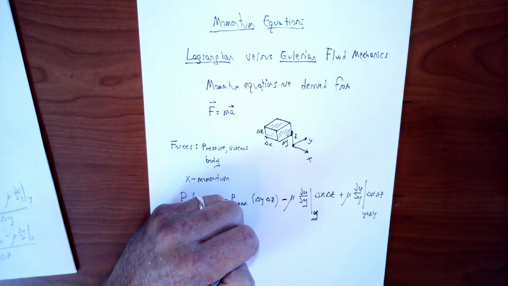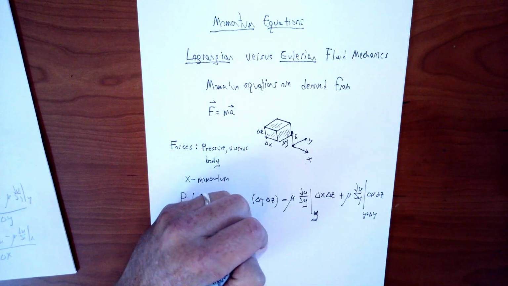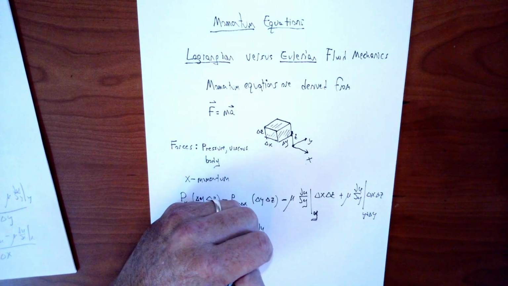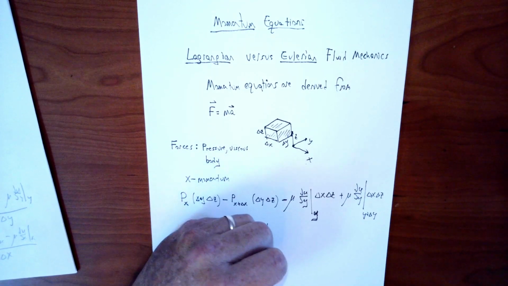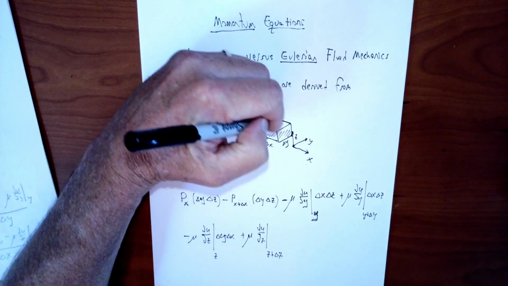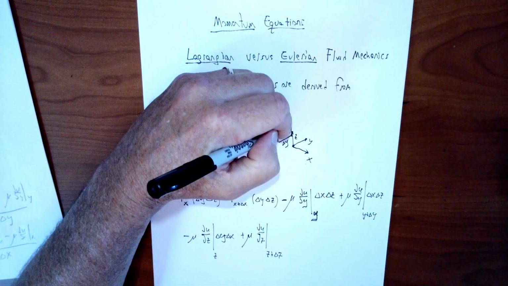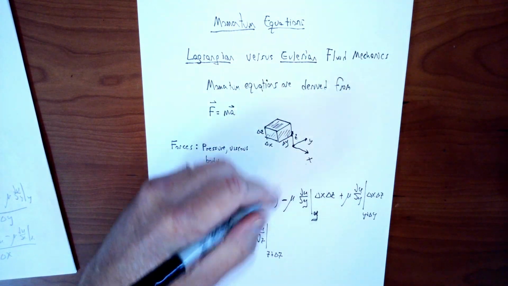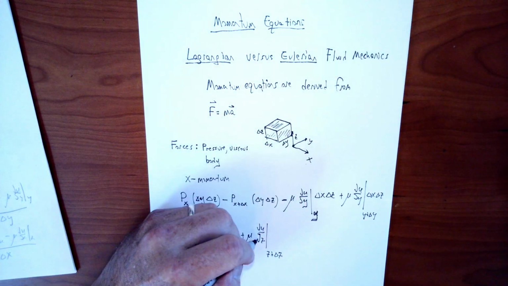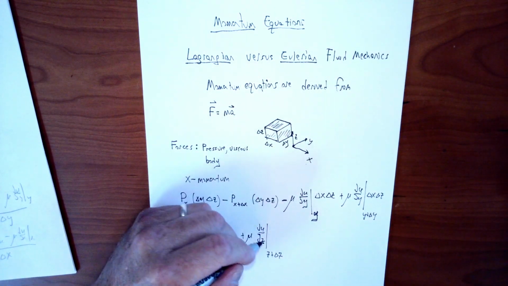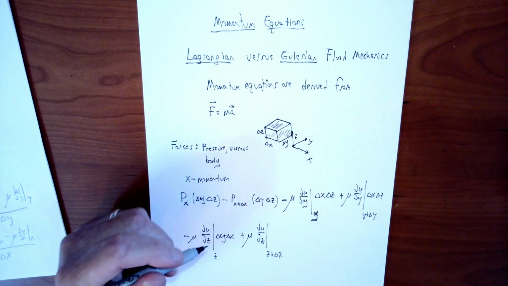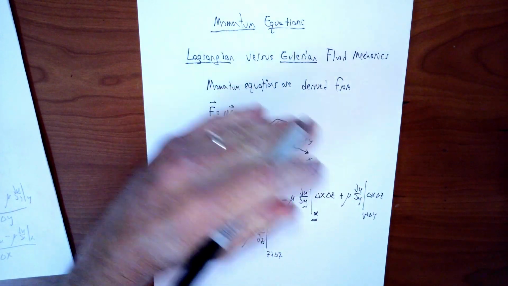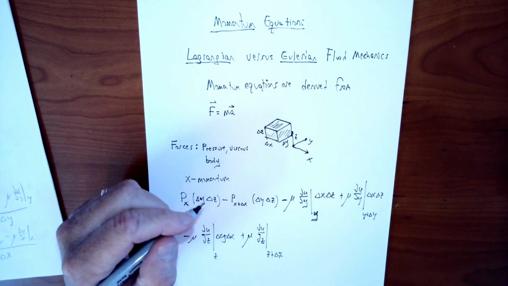And similarly, you have mu times du dz again to represent the surface at z plus delta z. That would be this surface up here at z plus delta z. If the fluid above us is moving faster than our box is moving, du dz will be positive, and that will tend to pull our box forward as a faster moving bit of fluid slides across the top and pulls our little bit forward.